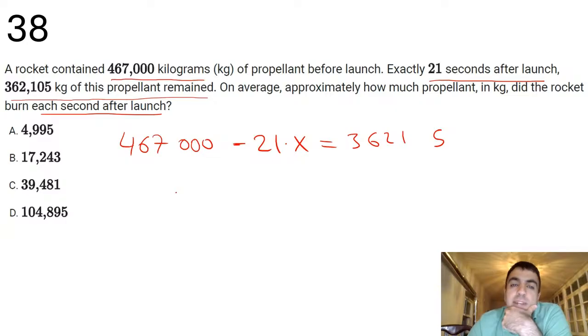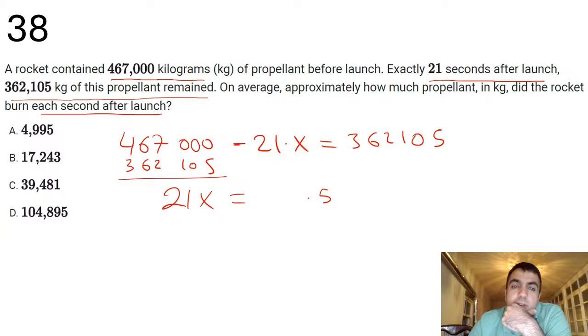Okay, we can say that 21x is equal to, we should subtract this one, and we get 104,895. We divide both sides of the equation by 21, right?